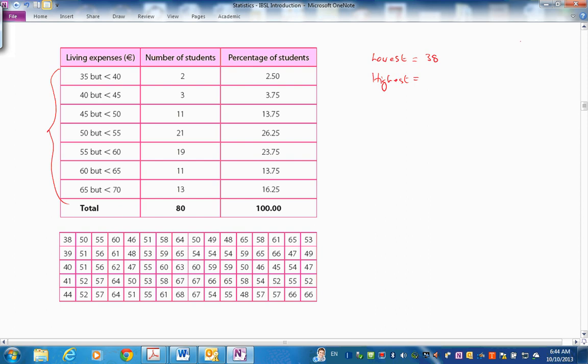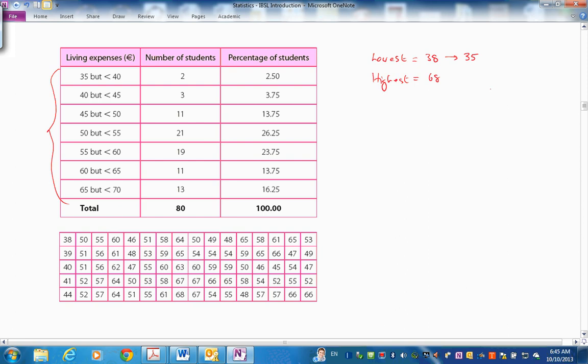I'm not sure. I think it got to 68. Okay, let's say it got to 68. Now they aren't very convenient numbers, starting at 38 and going to 68. What we usually do is say, let's call this about 35, a nice figure, either the 10s or 5s.